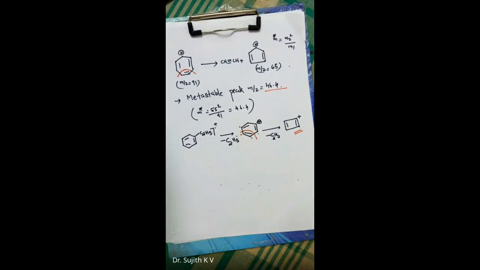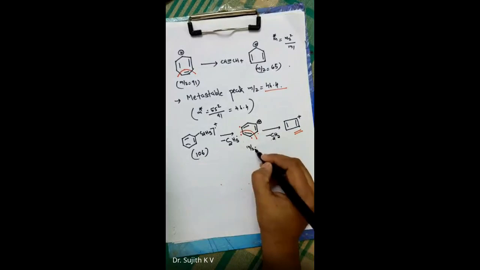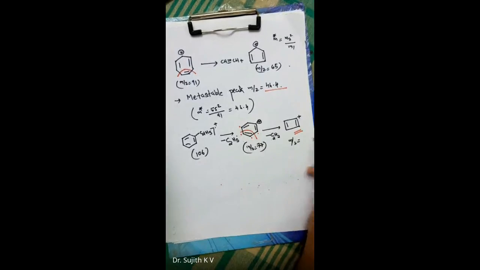And this M by Z value is 106, and the M by Z of this one is 77, and the M by Z of the final species is 51.